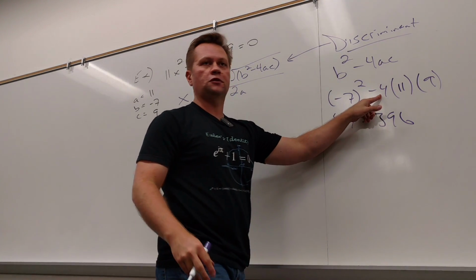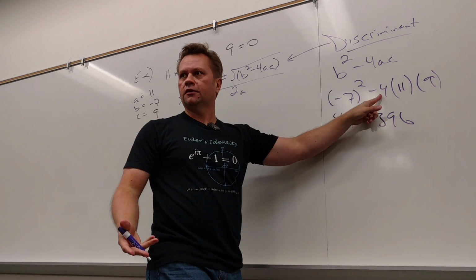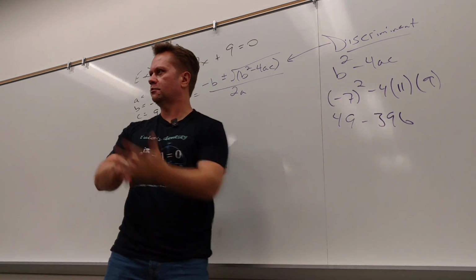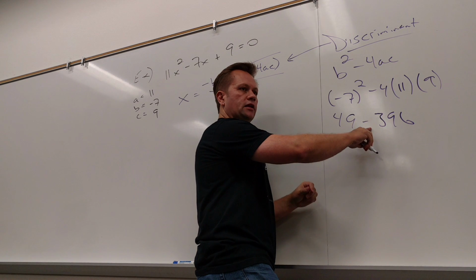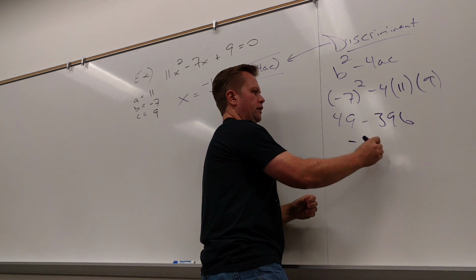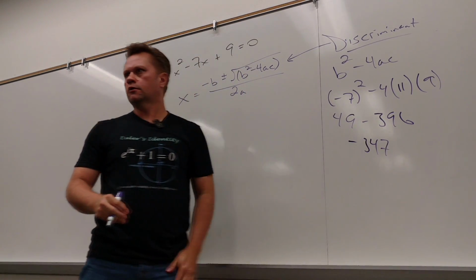So 100 times 4 is 400, and 99 would be 4 less, so 396. And so that's going to come out negative, right? Negative 347.